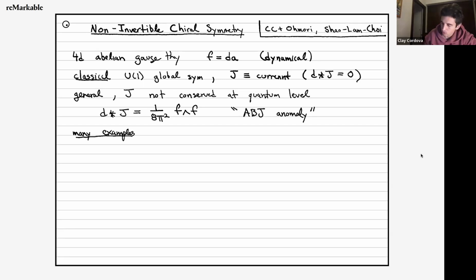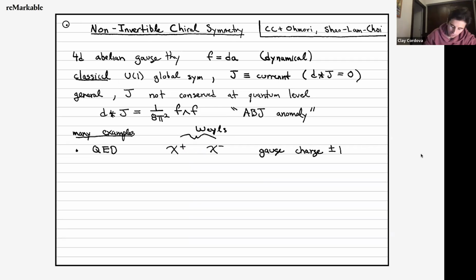The easiest one that you can latch on to is just massless QED. So we have Weyl fermions, chi plus and chi minus. These are Weyls, and their gauge charge is plus and minus 1, according to this superscript. And we could take J to be a chiral symmetry.